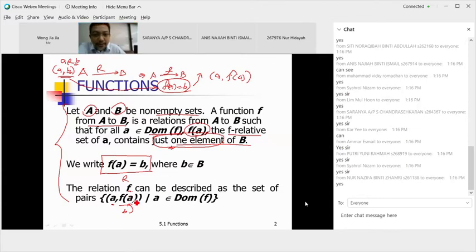That's why we get this representation. So we change b to f(a). It means we need to specify each of the relations between set A and set B. So once we have a relation like this, we call it a function.